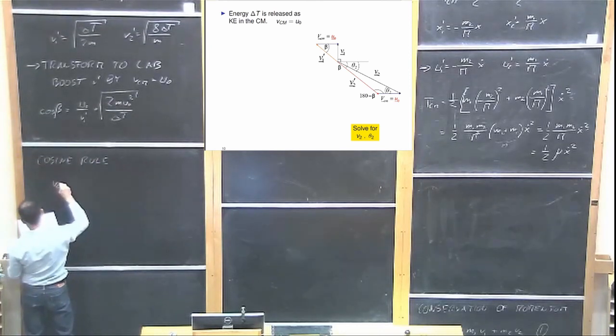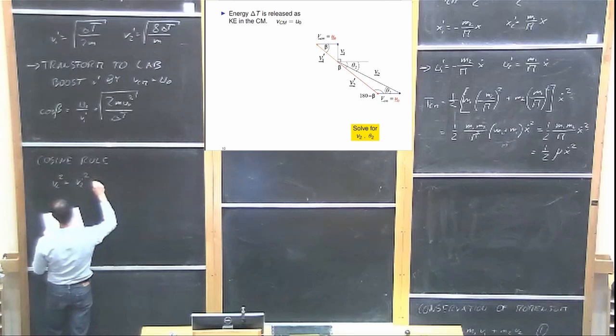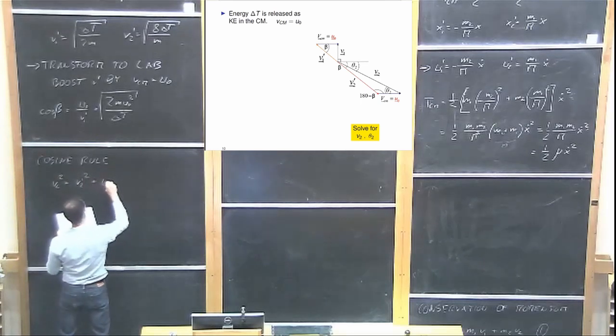we use v2 squared equals v2 prime squared plus U naught squared.